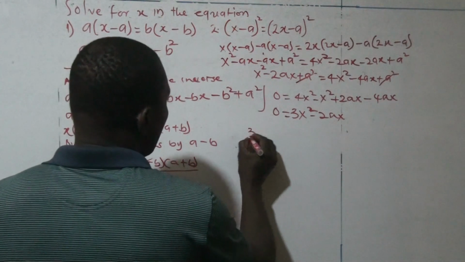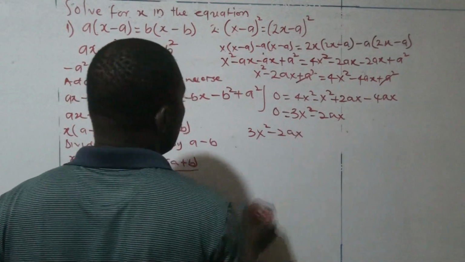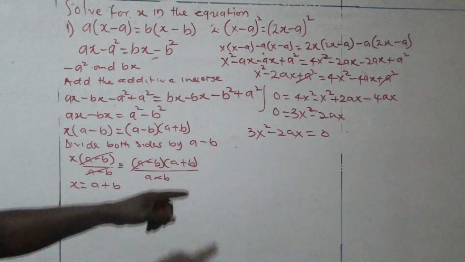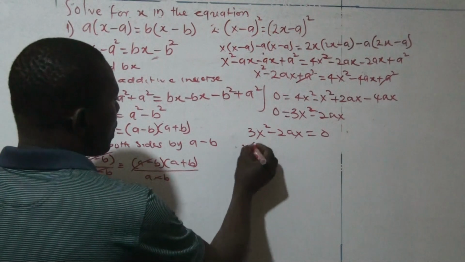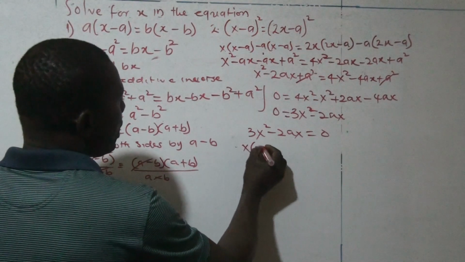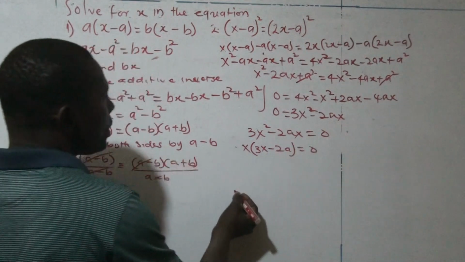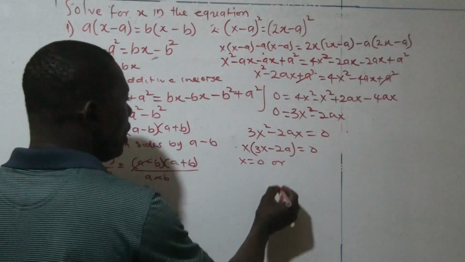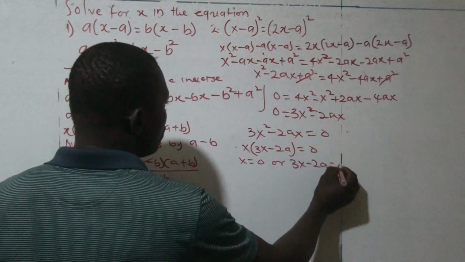So let's solve for 3x squared minus 2ax. We look for the common factor here. The common factor here is x. So we'll factor out x. Here we'll be left with 3x minus 2a, close the bracket. So now we can say x is equal to 0, or 3x minus 2a is equal to 0.